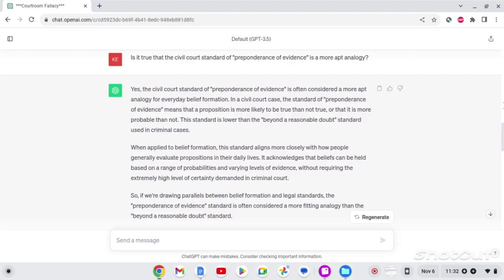When applied to belief formation, this standard aligns more closely with how people generally evaluate propositions in their daily lives. It acknowledges that beliefs can be held based on a range of probabilities and varying levels of evidence without requiring the extremely high level of certainty demanded in criminal court. So if we're drawing parallels between belief formation and legal standards, the preponderance of evidence is often considered a more fitting analogy than the beyond a reasonable doubt standard.